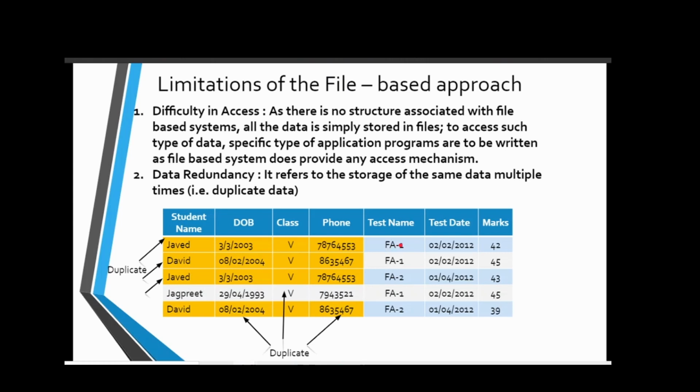So here the FA1 test and FA2 test, two tests are there, so student names are getting repeated. This type of repetition is known as data repetition, data redundancy. Over here I have not mentioned the ID field, because two students can have the same name. In my next video I'll be explaining the types of keys available in the database.